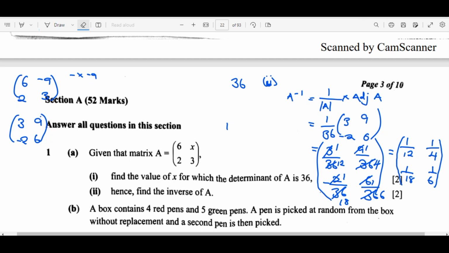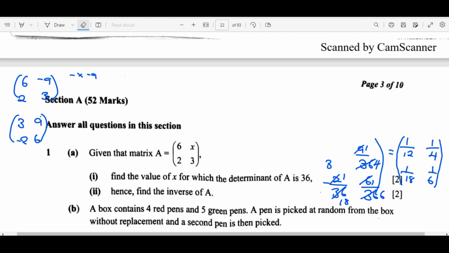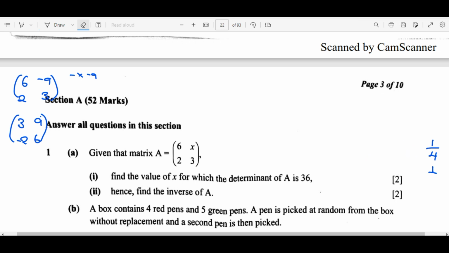A pen is picked at random from the box without replacement, and a second pen is picked. When we are dealing with probability, a pen which was picked was not replaced. So if a pen is picked and it is not replaced, we're going to reduce the number because it was not replaced.